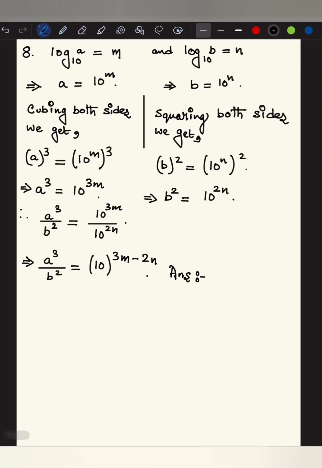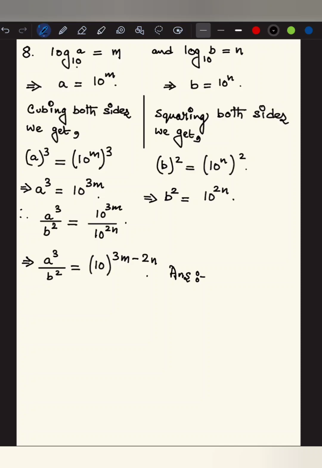Next one, question number 8. So we are given log a base 10 is equals to m and log b base 10 equals to n. And we are asked to find out the value of a cube by b square in terms of m and n. Okay, first of all we need to convert this into exponent.